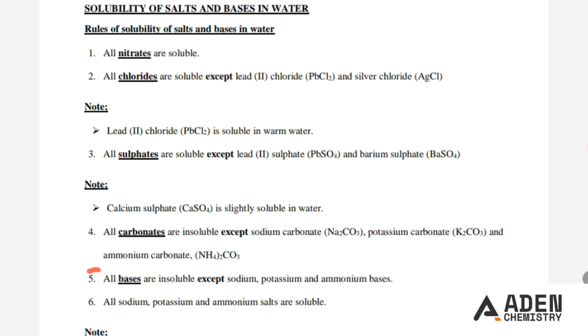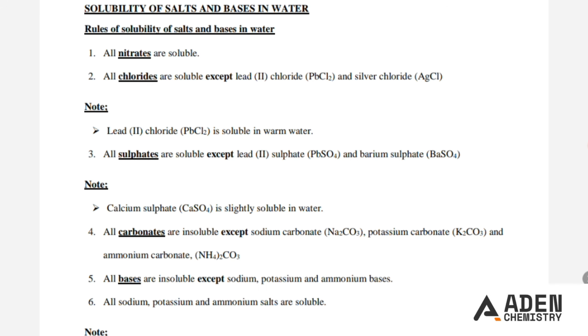Number 5, we are saying all bases are insoluble except again the bases of sodium, potassium and ammonium. Number 6, we are saying all sodium, potassium and ammonium salts are soluble.